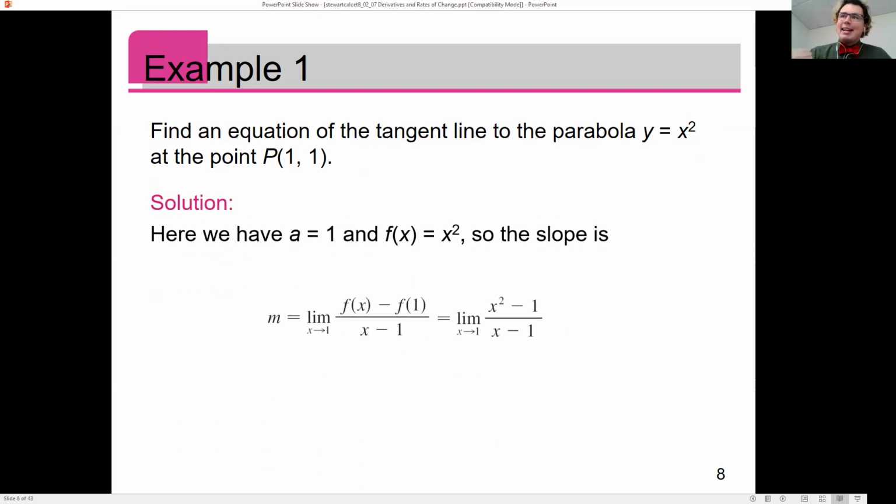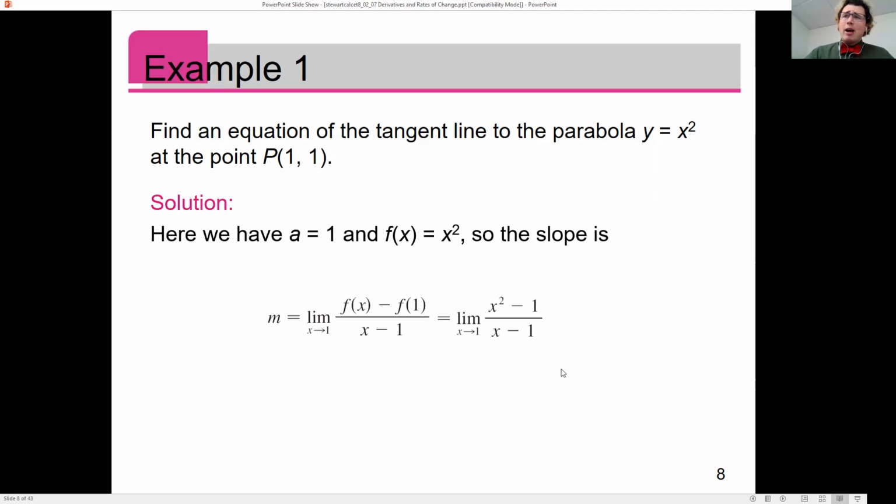When I calculate the slope, again, the slope is going to be the limit of my slope formula, f of x minus f of 1, all divided by the quantity x minus 1.